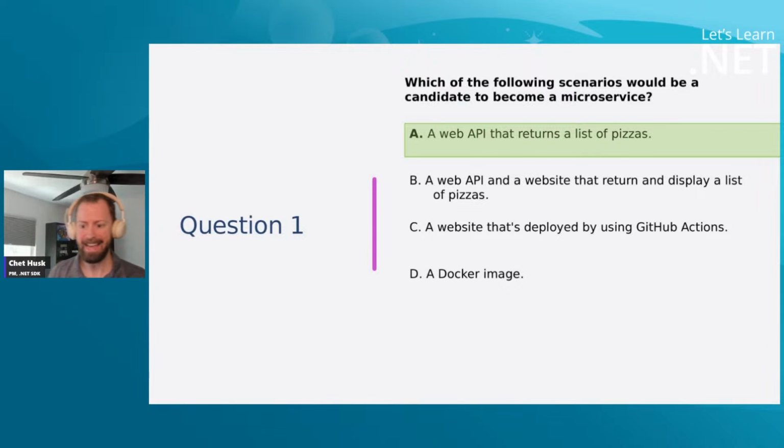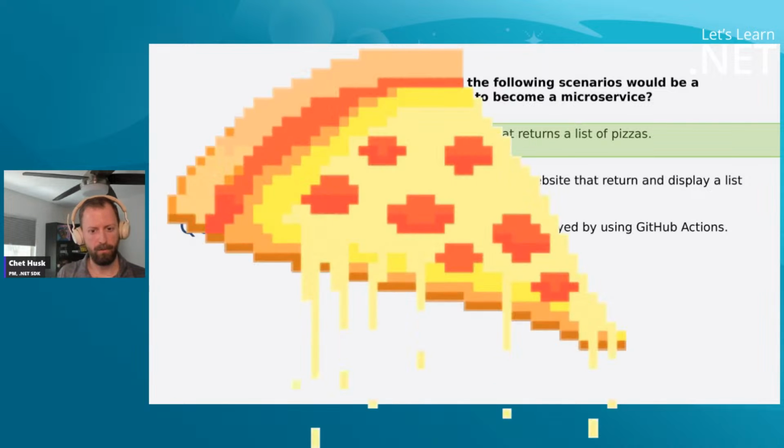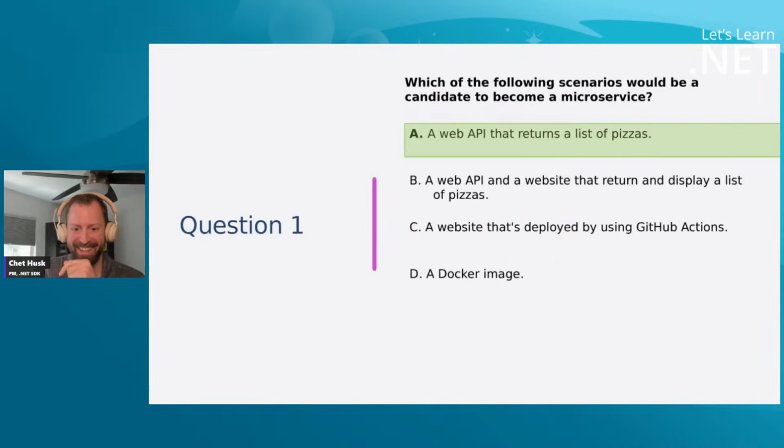The answer is A, a web API that can return a list of pizzas. So quickly, let's go over why not some of the other ones. Oh, I forgot about the pizza gif. So why wouldn't it be D, a Docker image? Well, in this case, a Docker image could contain more than just a microservice.